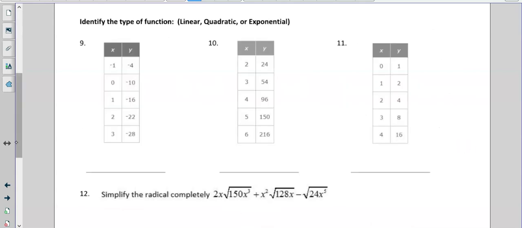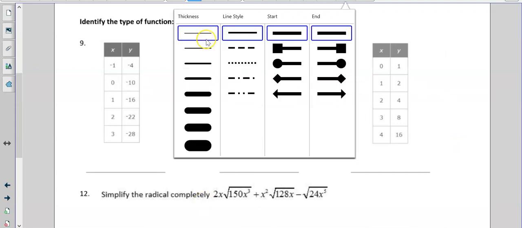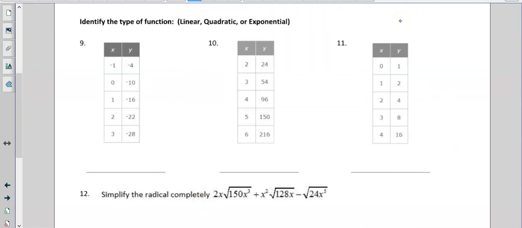All right, now for this one, we have to look for patterns. If you look at this, from here to here it's going down by negative 6, subtracting 6, subtracting 6, and so forth. So if it's changing the same plus or minus every time, that's a linear equation.